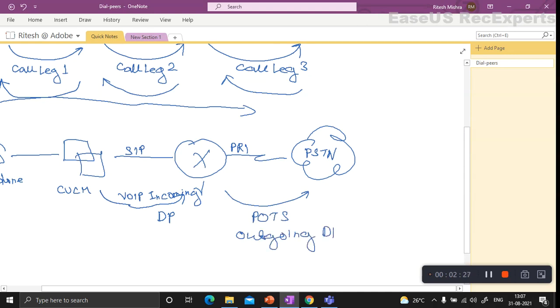As this is a TDM leg, we will need POTS dial pair. As this is a VoIP leg, we will need VoIP dial pair.